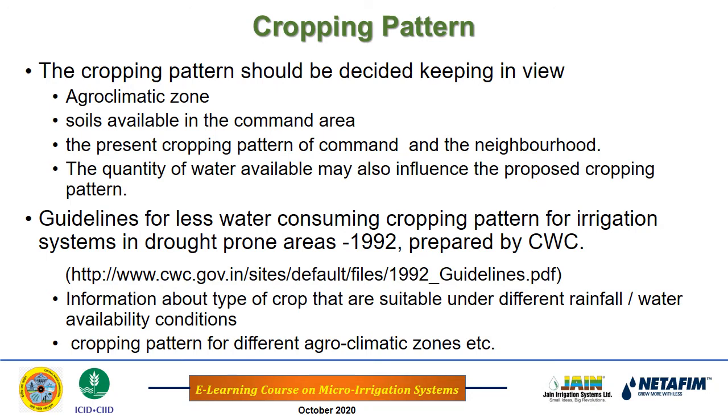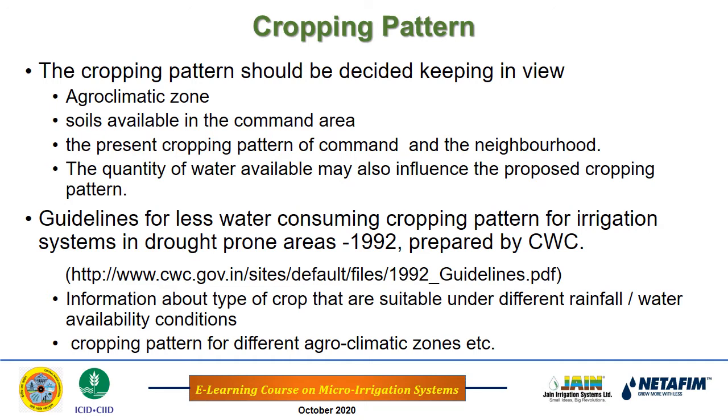Then the present cropping pattern of the command and the neighborhood, because time is the best judge. Whatever crops have been traditionally grown in that area will definitely be supported in future also. So most of the cropping pattern should depend upon what has been the cropping pattern in that area and the neighborhood.